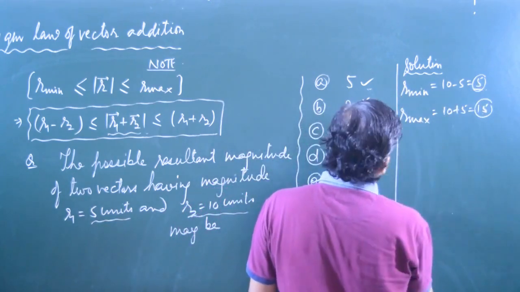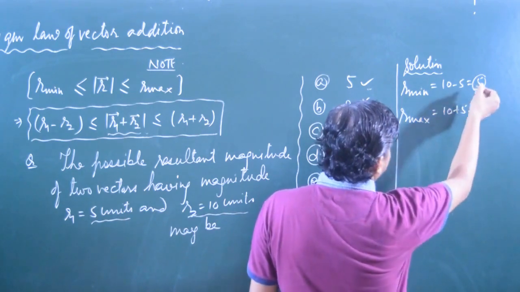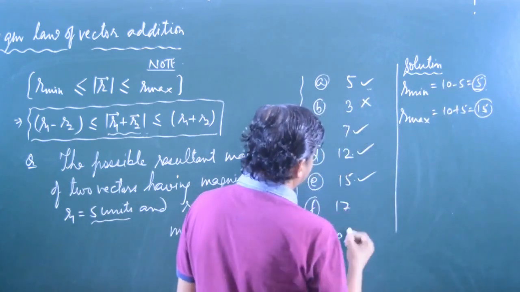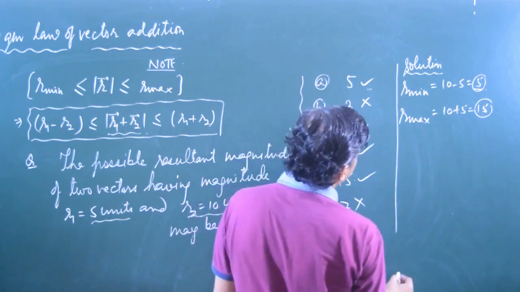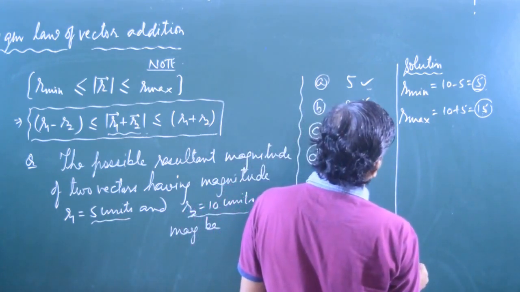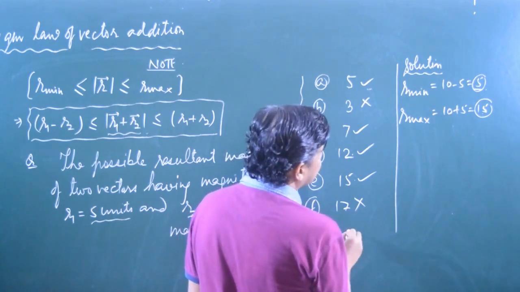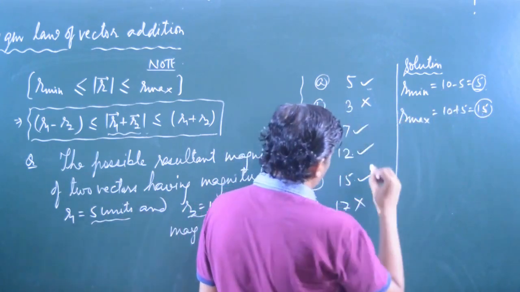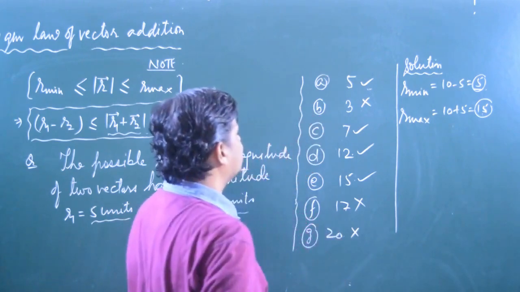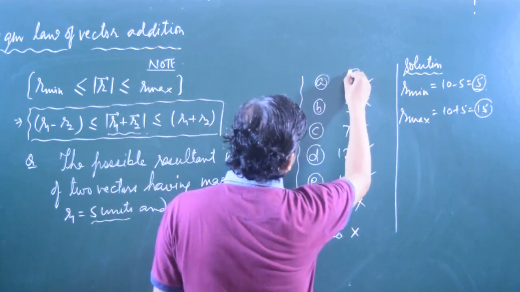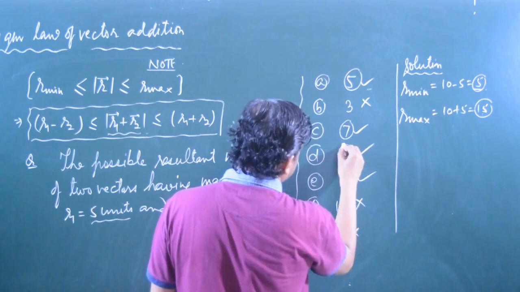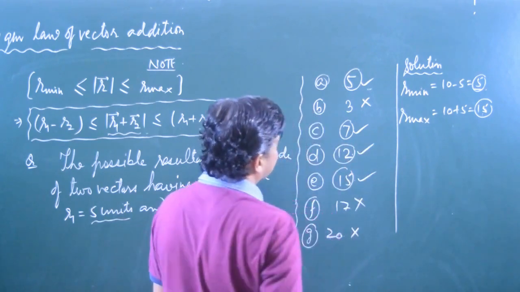And 17, see, is neither less than minimum nor greater than maximum, no, it is greater than maximum, so this result is not possible. And what about 20? 20 is greater than the maximum possible result, so this result is also not possible. So we may get the result 5, 7, 12 and 15 using these vectors.